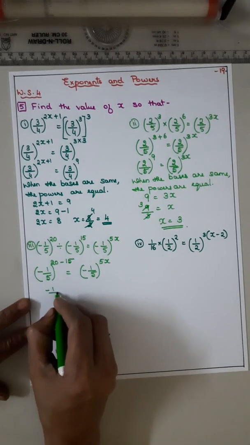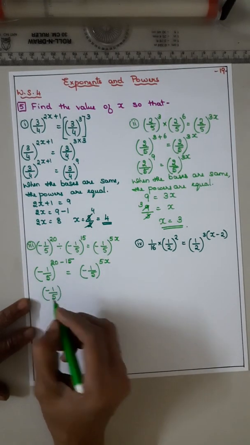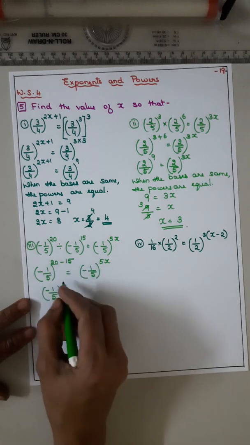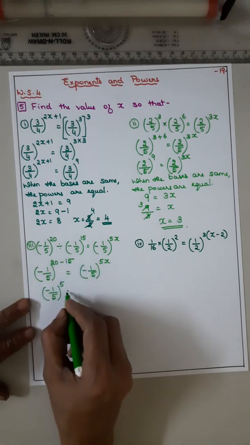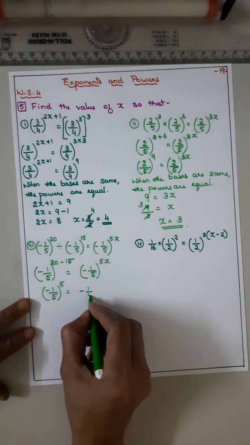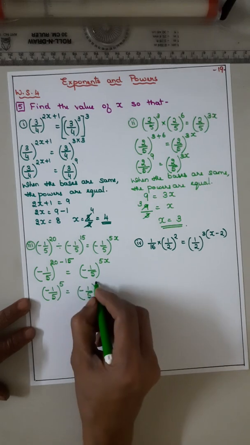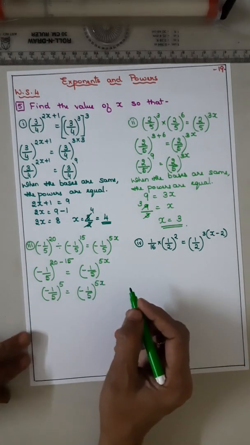So it becomes (minus 1/5) raised to 20 minus 15 is 5 is equal to (minus 1/5) raised to 5x.